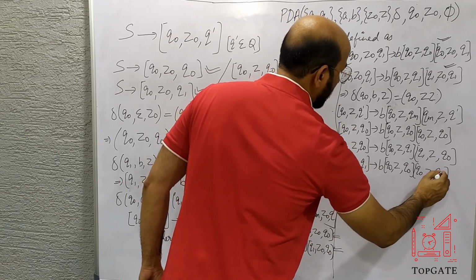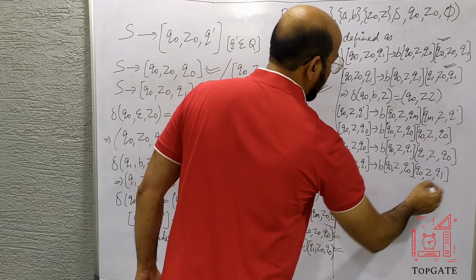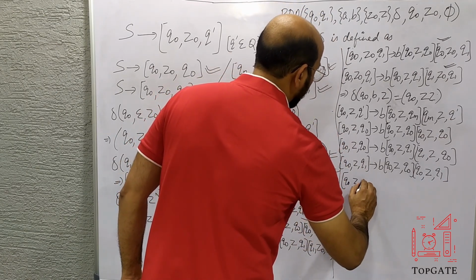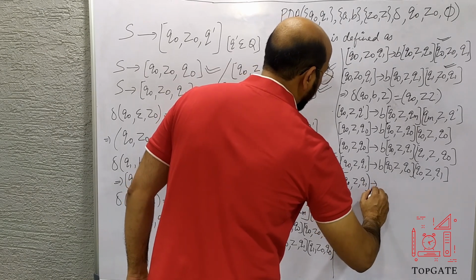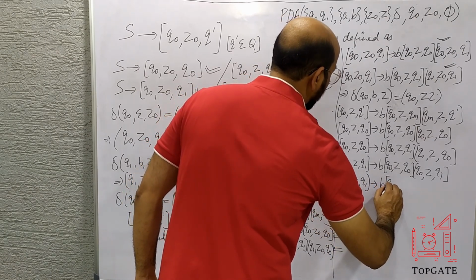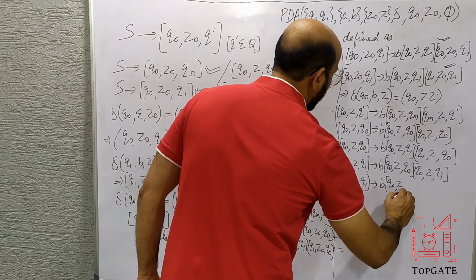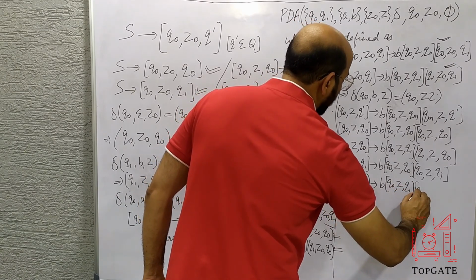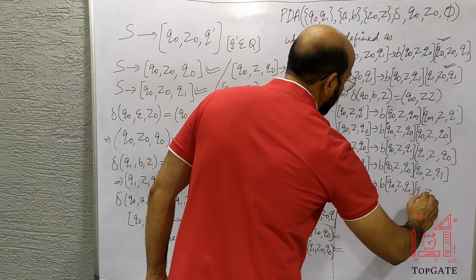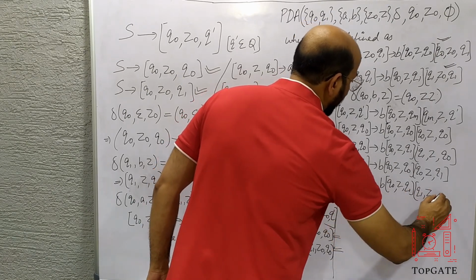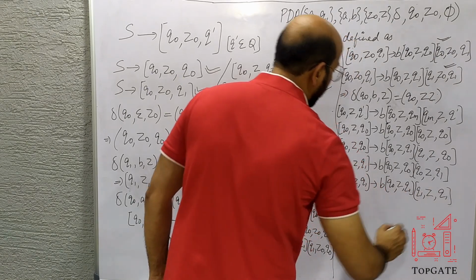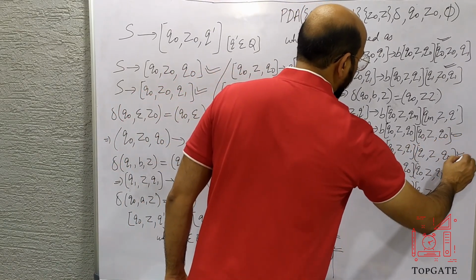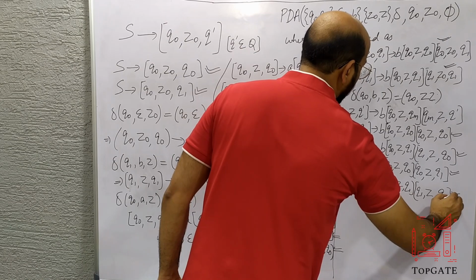Then the last one, (Q0, Z, Q1) gives B (Q0, Z, Q1) this time, and this will be the same (Q1, Z, Q1). So finally I've got this one, this one, this one, and this one.